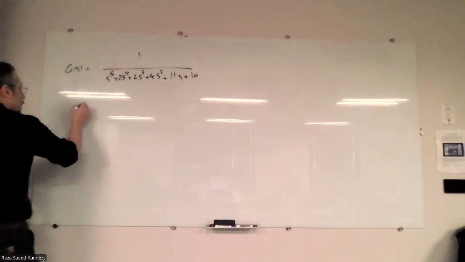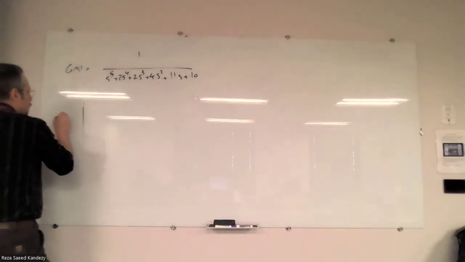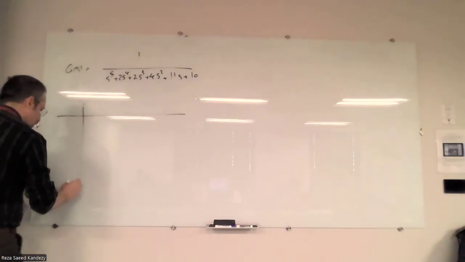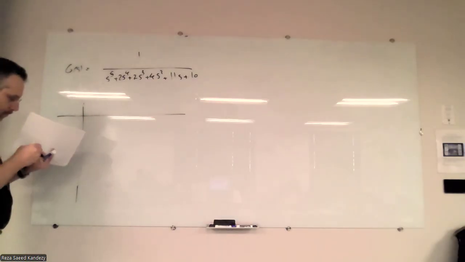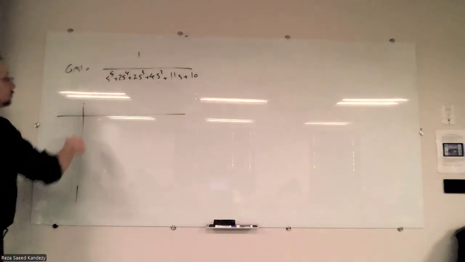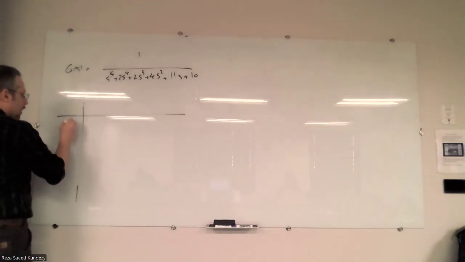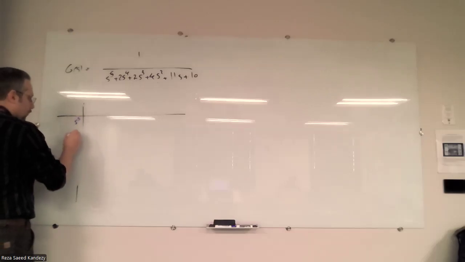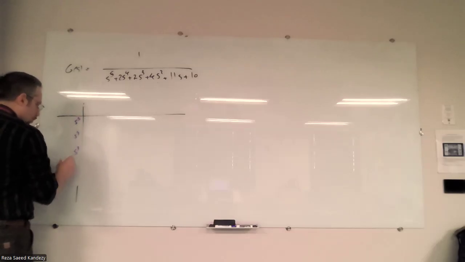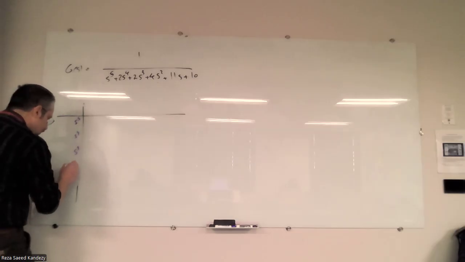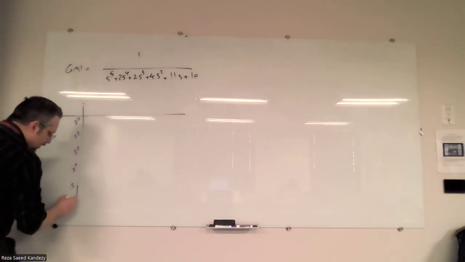Now, again, we are going to develop our table. We have a fifth order, so we are going to have s to the power of 5, the row s to the power of 4, 3, 2, 1, and 0.